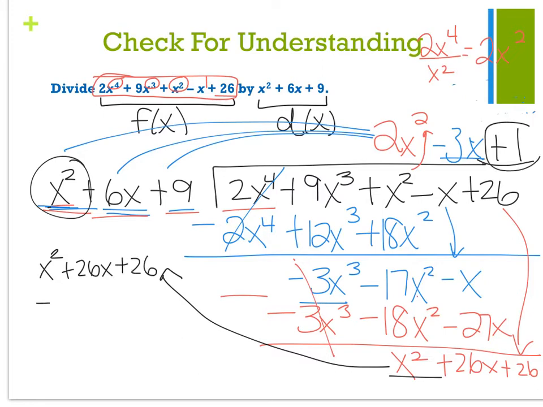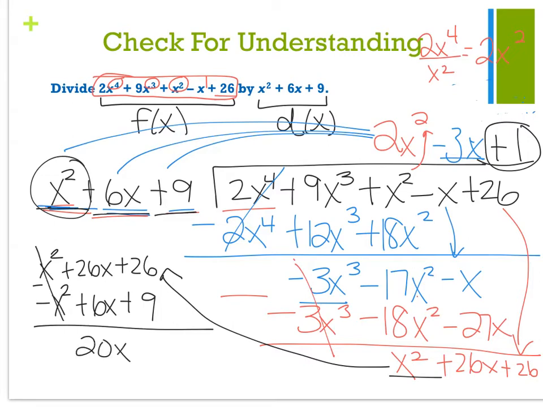And when I take positive 1 and multiply each of my terms in my divisor by 1, I get x squared plus 6x plus 9. And if I subtract these columns, the x squareds are going to cancel. I'm left with 20x and 26 minus 9 is going to give me 17.